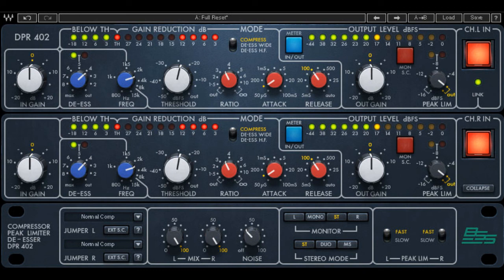The compressor is basically an electric device or software that automatically reduces signal amplitude when a predetermined intensity level is reached. So basically that would allow you to create a maximum threshold for the sound to be limited to.